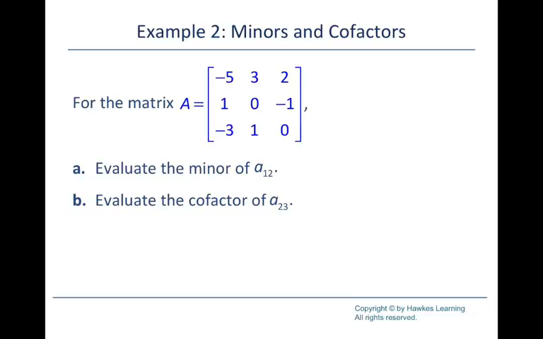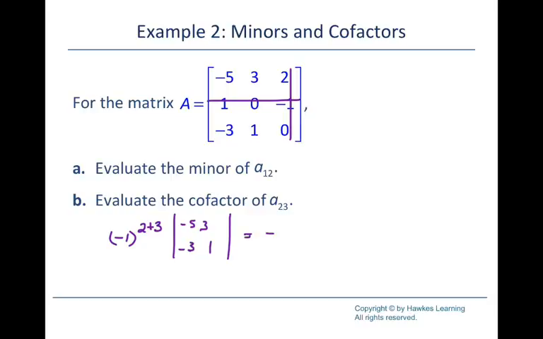Well, the cofactor is negative 1 to the 2 plus 3 times the minor, okay, and row 2, column 3 is here. We mark out row 2 and column 3. So the minor would be negative 5, 3, negative 3, 1. And so negative 1 to an odd power is going to be negative.